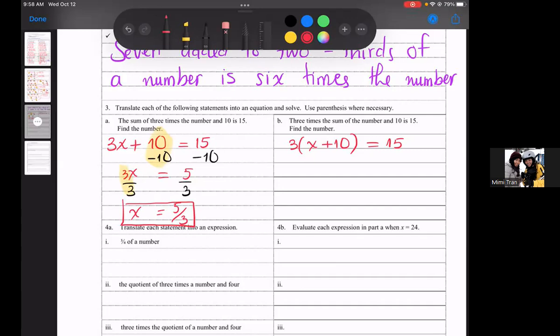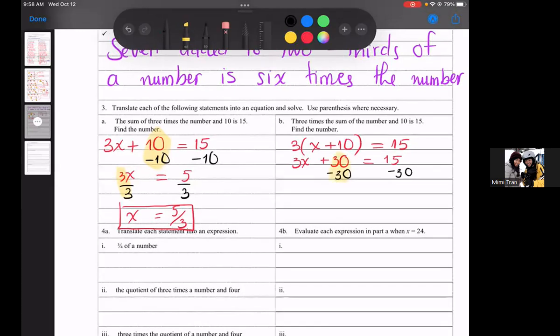So 3 times the sum, distribute 3, so I got 3x plus 30 equals 15, subtract 30. You don't have to write the step if you don't want to. 3x equals negative 15, divide both sides by 3. X equals negative 5.